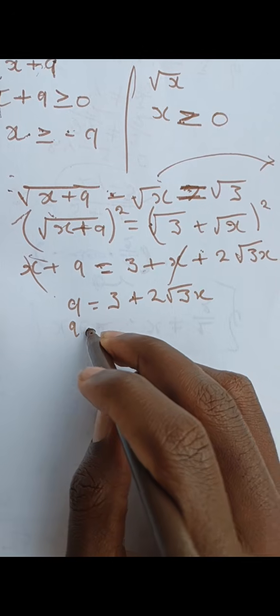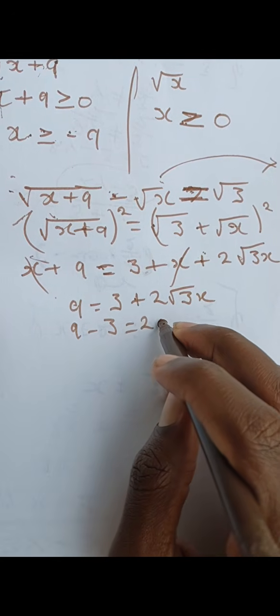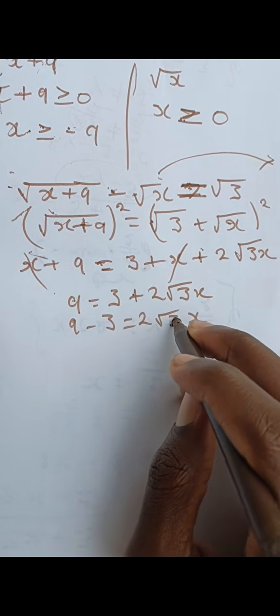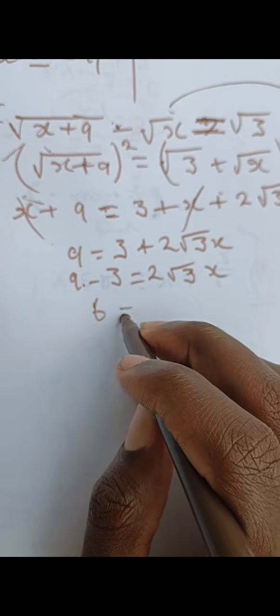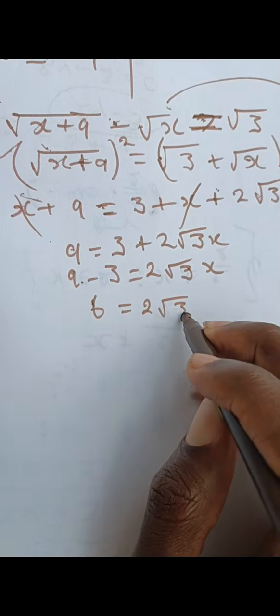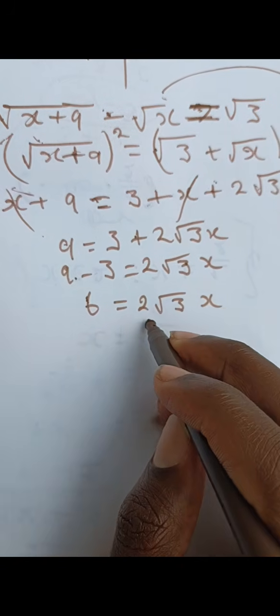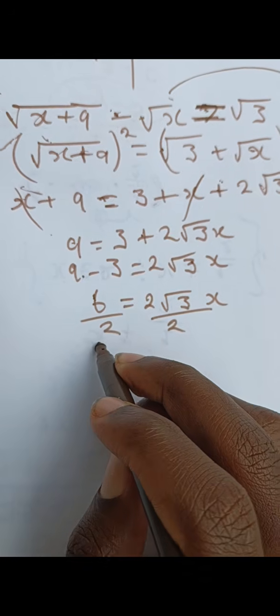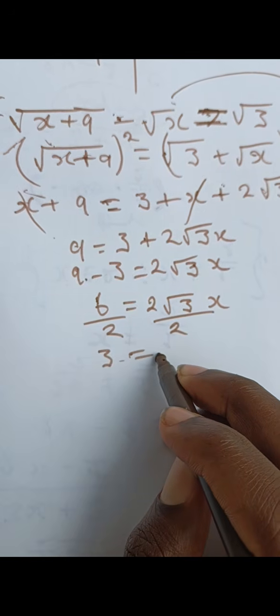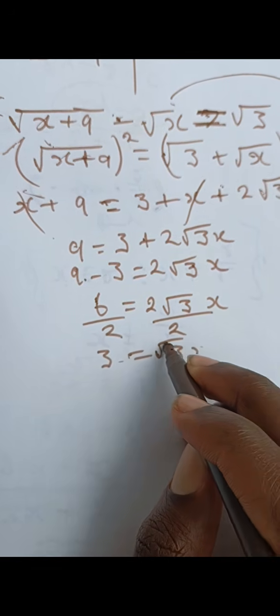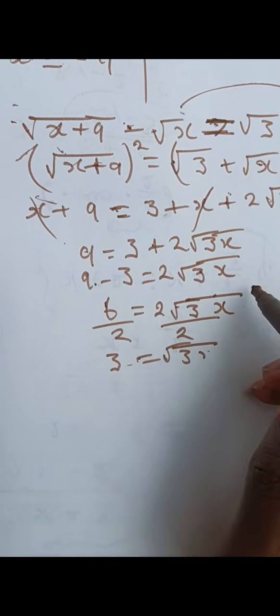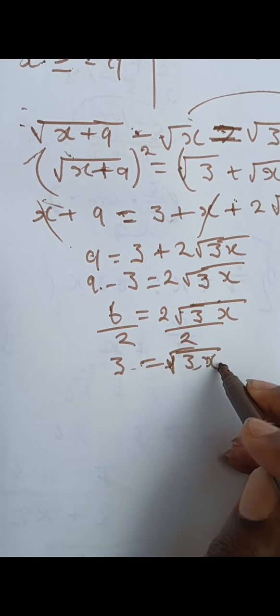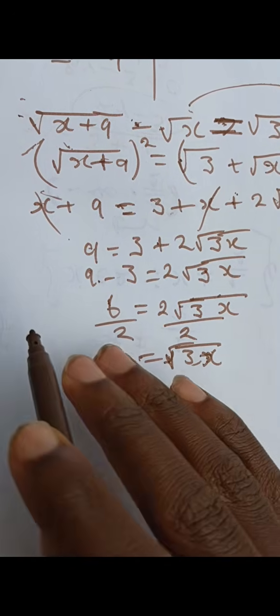So 9 minus 3 is equal to 2 square root of 3x. 9 minus 3 is 6, equal to 2 square root of 3x. Then let me divide by 2, and I remain with 3 equals square root of 3x. Actually, this x is under the square root, so let me write it like this.